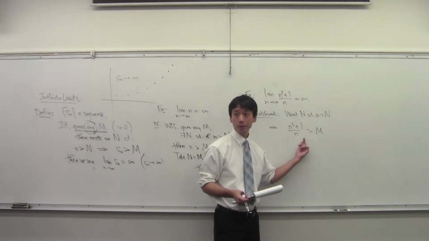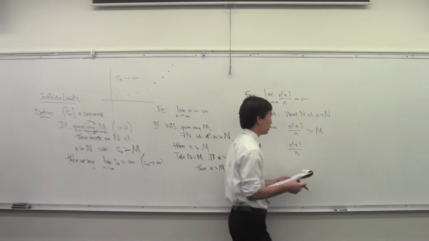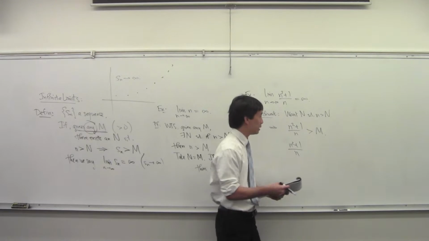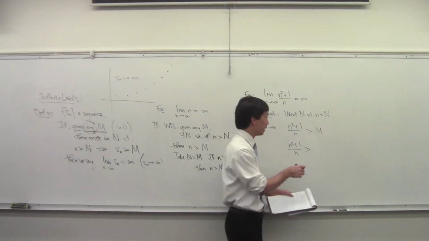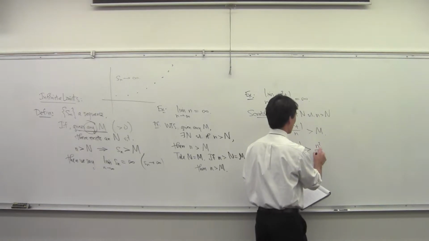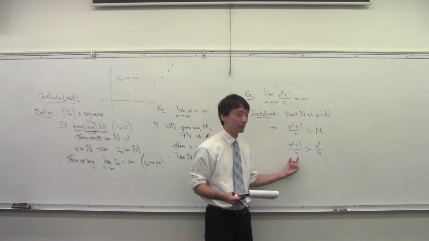What we're going to do is use an intermediate bound. We'll find something that's smaller than this but easier to deal with, and that thing will be n squared over n. The n squared over n is certainly smaller than (n squared plus 1) over n.